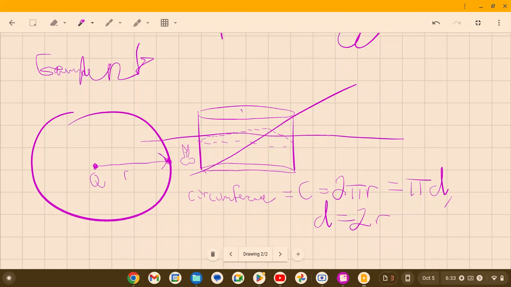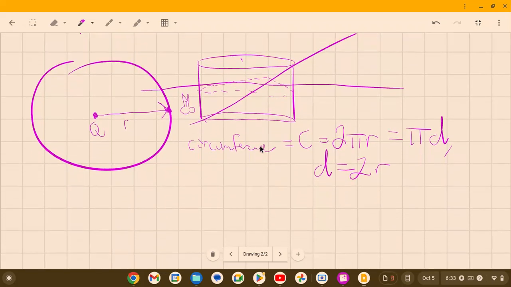And so when you find the area of a circle, oh wait, never mind. So the circumference is like finding the surface area of the outer edge, this outer surface of that circle. And if you were to sum all of those up, that would be like getting the surface area.